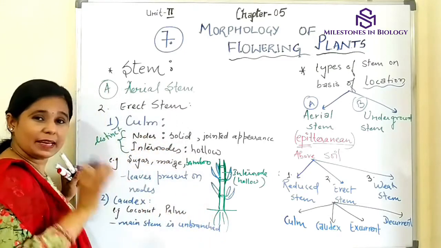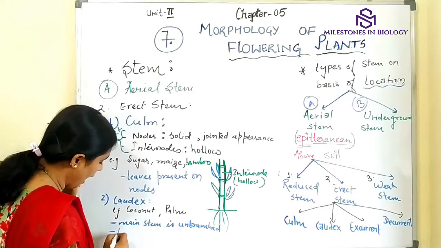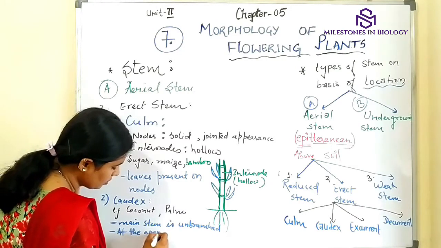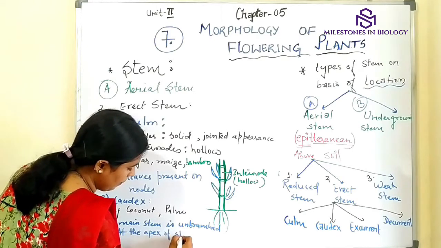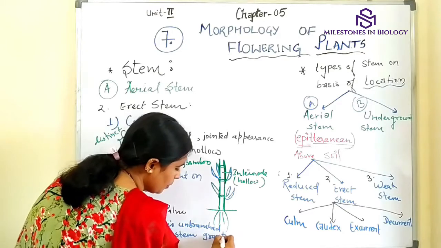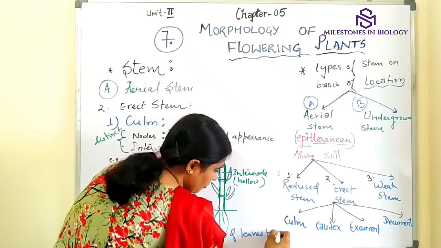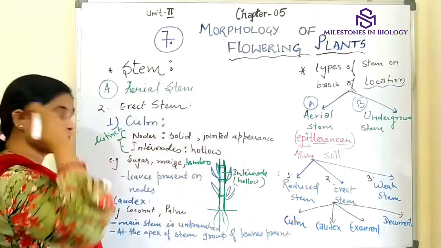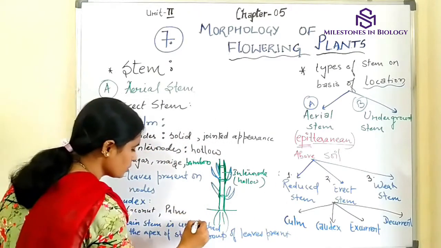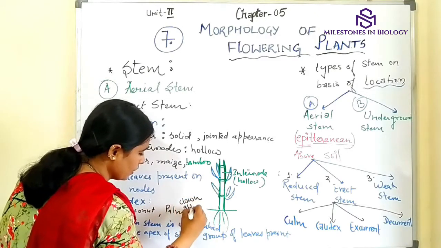They will not have any branches or leaves along it. At the apex of the stem, a group of leaves will be present, which gives the tree a crown appearance.